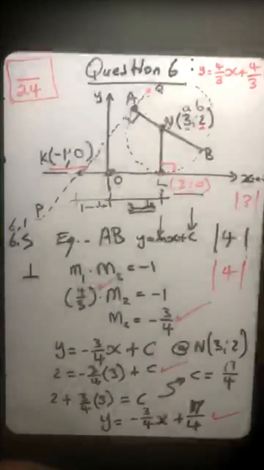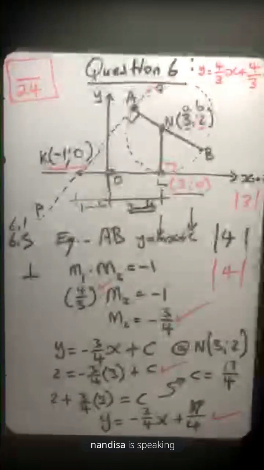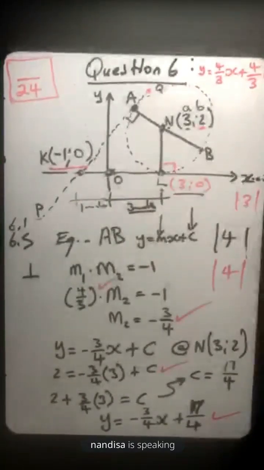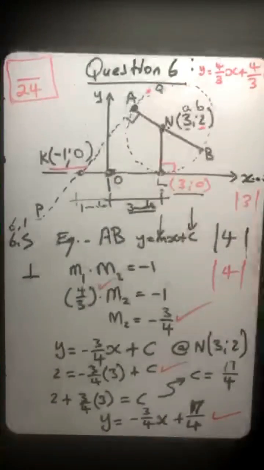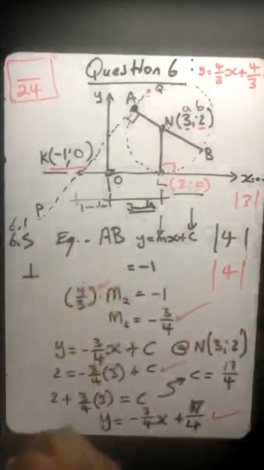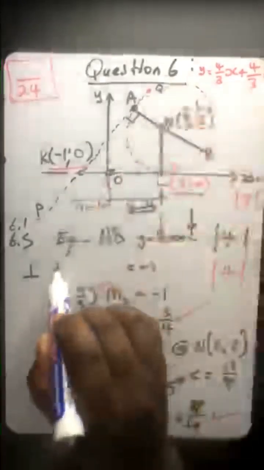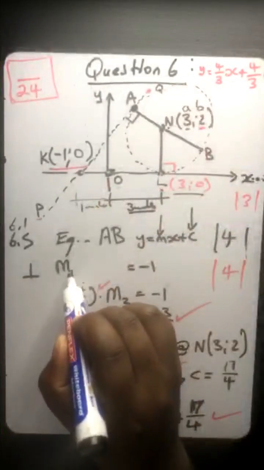100%. So, anyone with a question, honorable members? When you say that m2 is equal to minus 3 over 4, it means that's the gradient of AB? 100%. So that means when you take the gradient of that line, it's actually the gradient of PQ.